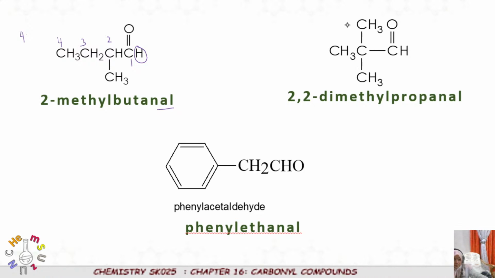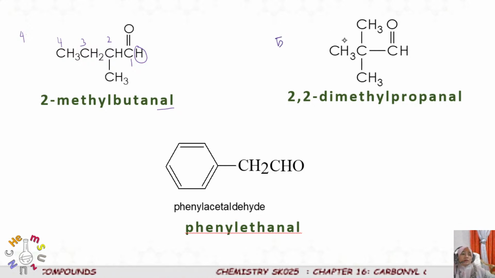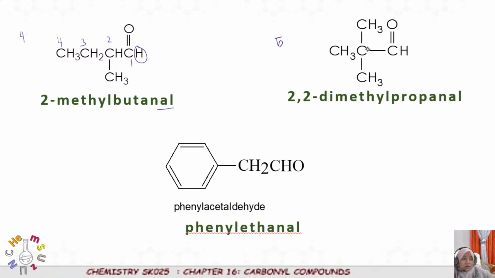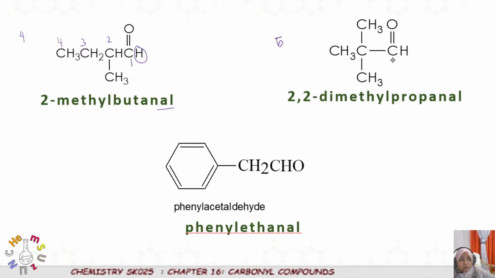Next, example number 5. We have three carbons, counting from the top: 1, 2, 3. We always give the carbon with the C double bond O as carbon number 1. This is carbon number 2, and here is carbon number 3.